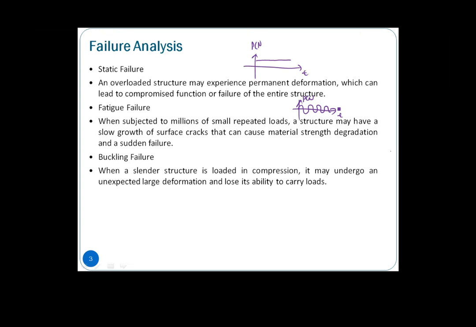So it won't happen unless it is subject to dynamic loads, I mean this type of loadings. And it won't happen immediately. So it usually goes through a number of cycles after the similar loading is applied to that particular system or structure for repeated cycles.